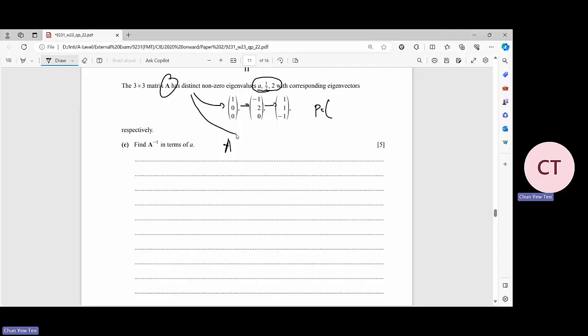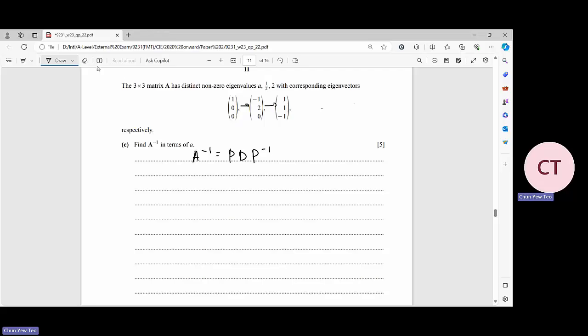Then this eigenvector will give you the matrix B. So from here you should be able to get the relationship that A inverse is equal to B inverse. Okay, you can start from here.